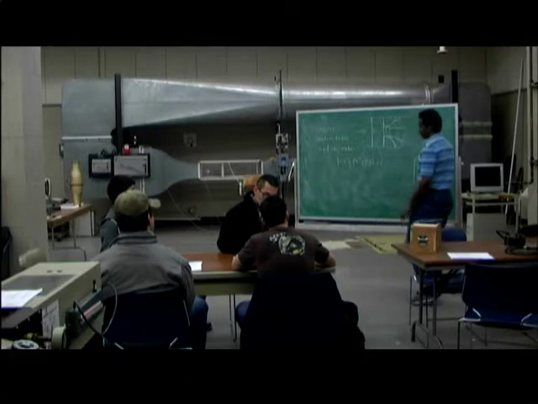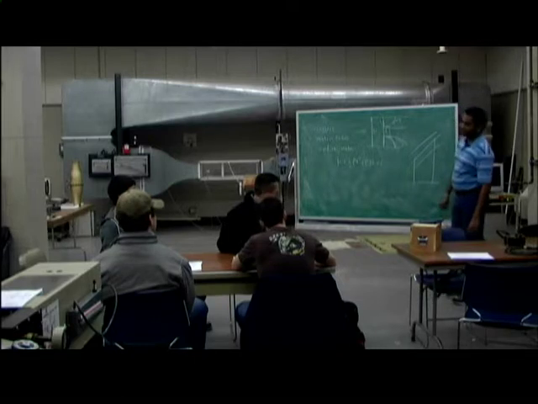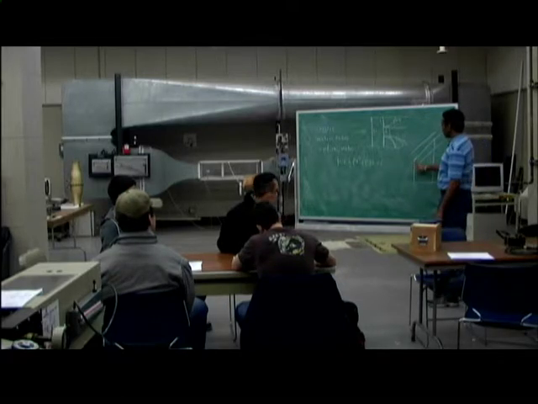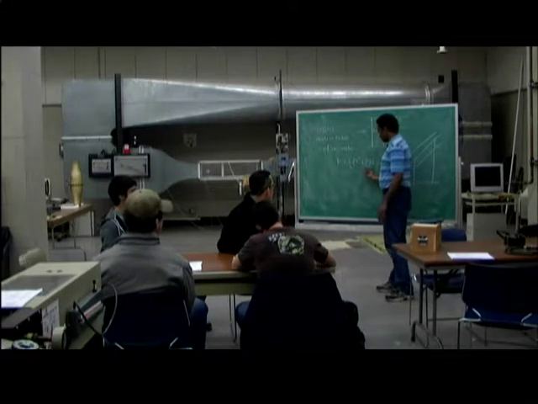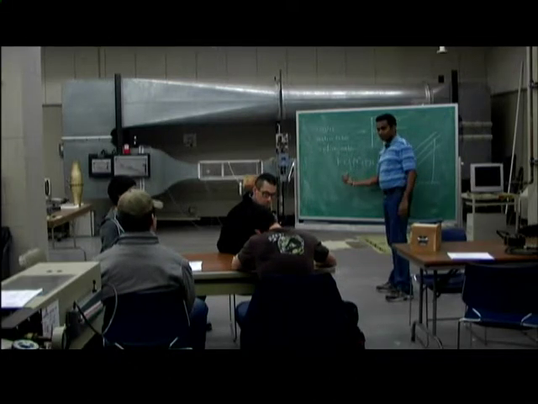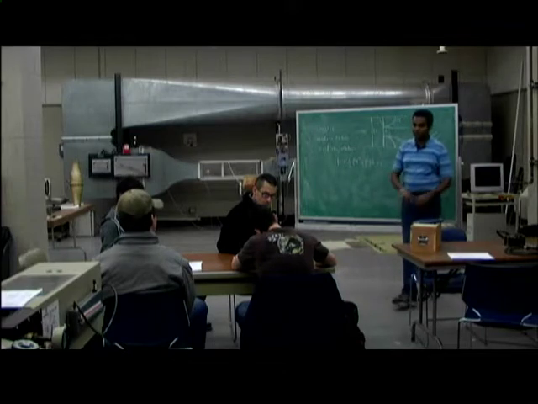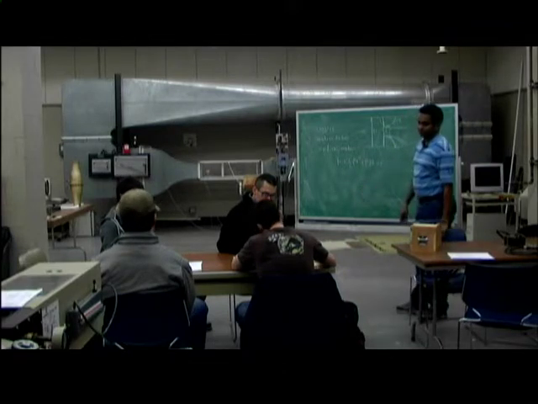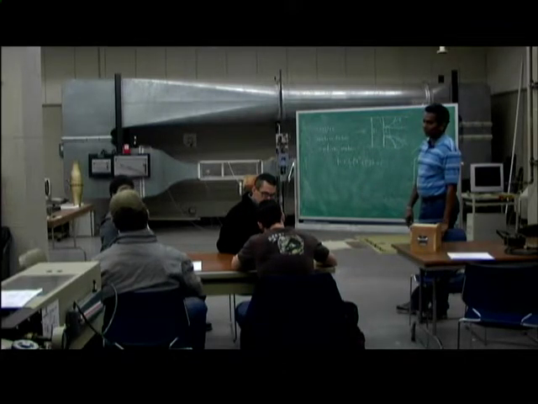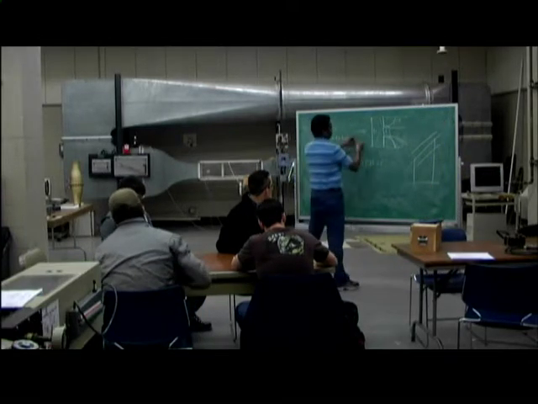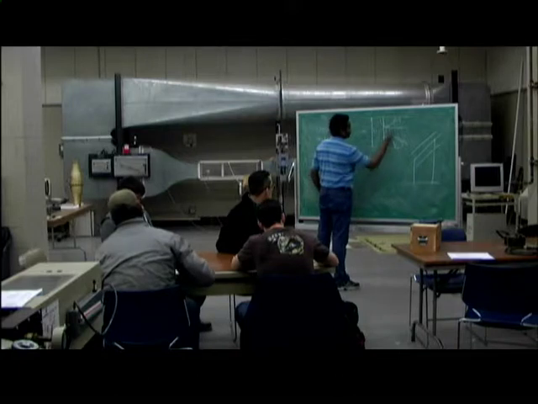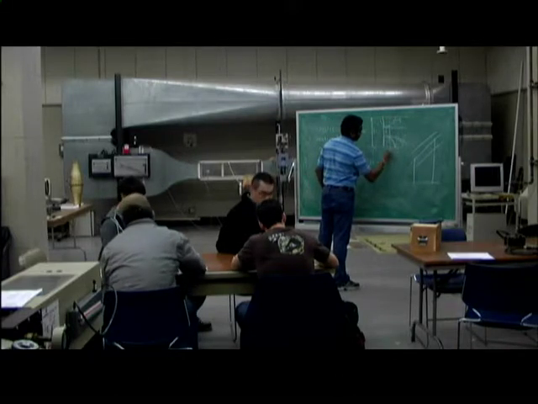So you have pressure here, this is the pressure and kinetic energy, and this is the potential energy. So this equation is an energy conservation equation. Now you use that equation for two locations, here as 1 and somewhere here as 2.